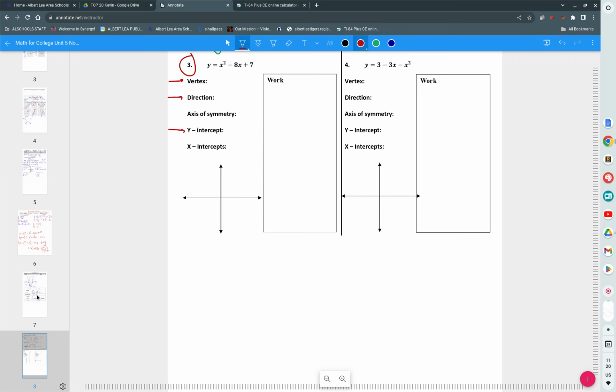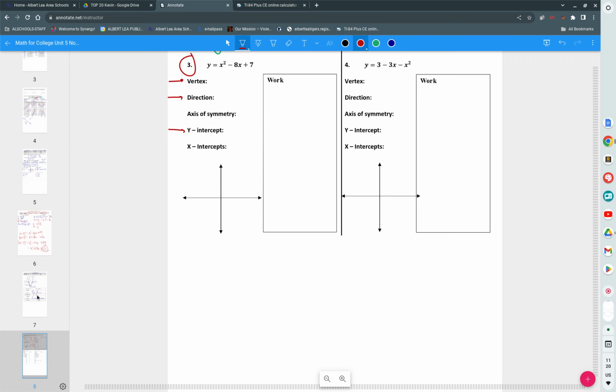The a value is the number from x squared. 1. What's 2 times 1? 2, so 8 divided by 2. So 4 is the x value.